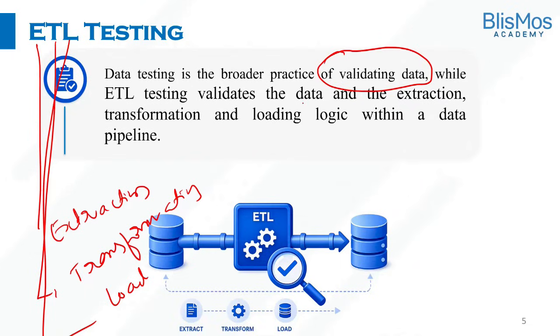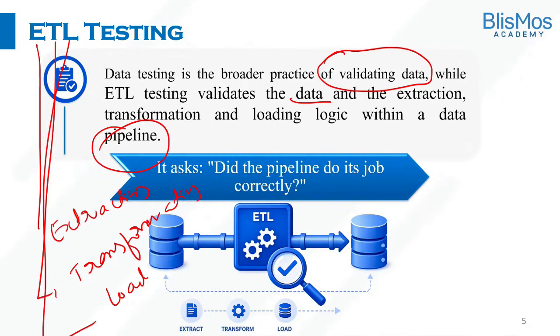ETL testing validates both the data and the logic used to extract, transform, and load data through a pipeline. Therefore, ETL testing asks a slightly different question. That is, did the pipeline do its job correctly?